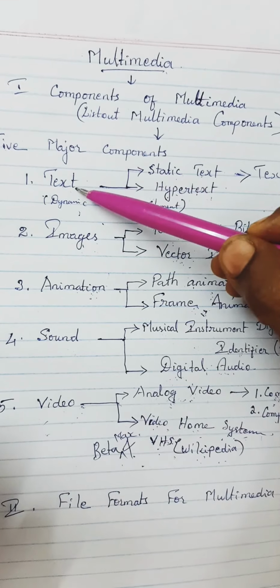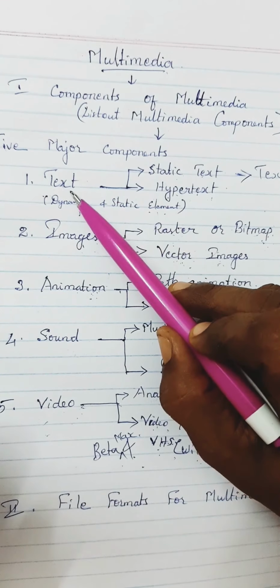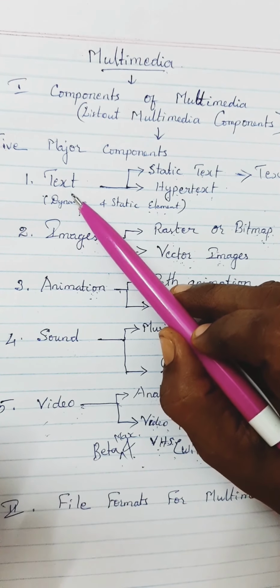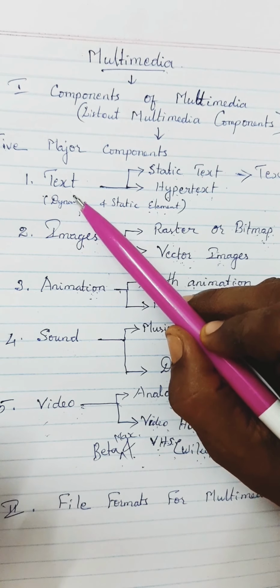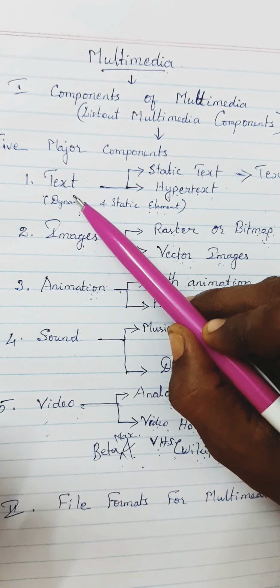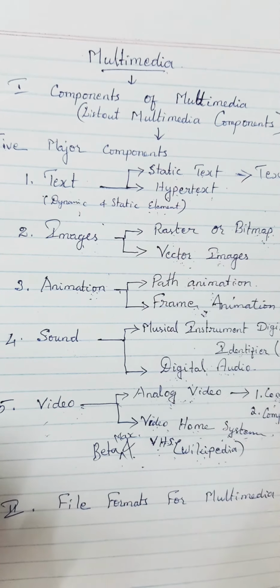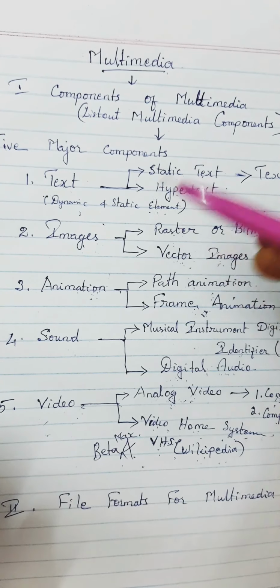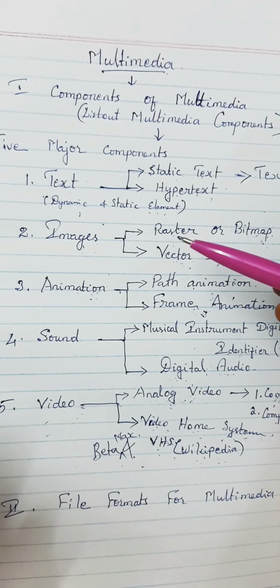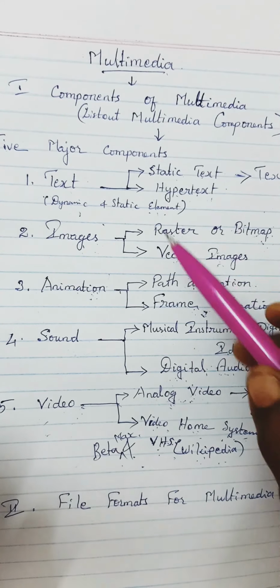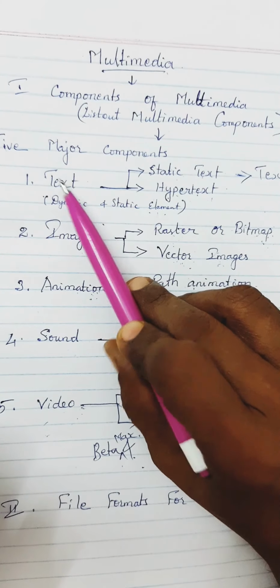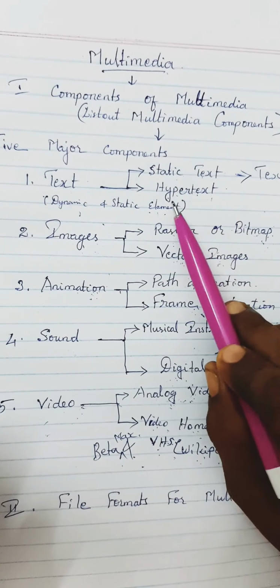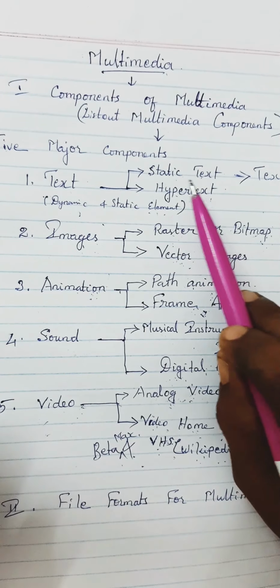First we are going to see text. Text is the basic component of multimedia and the most common way of communicating information to another person. That is called text. Text is divided into two, static text and hypertext.